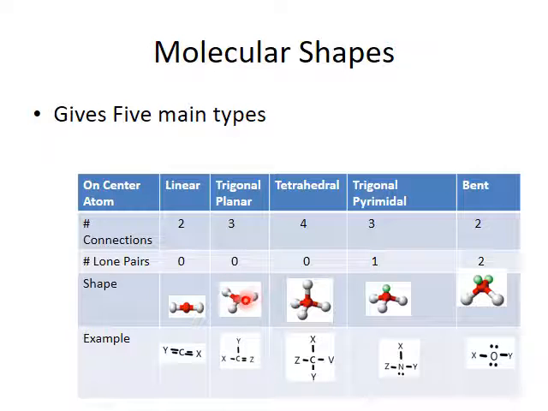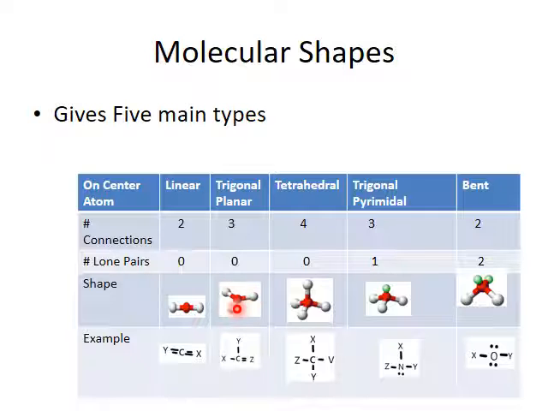The second type of molecule kind of looks like a Y or a flat triangle. If you laid it down on the table, all 4 of these atoms would lie on the table, and they form a triangle shape.